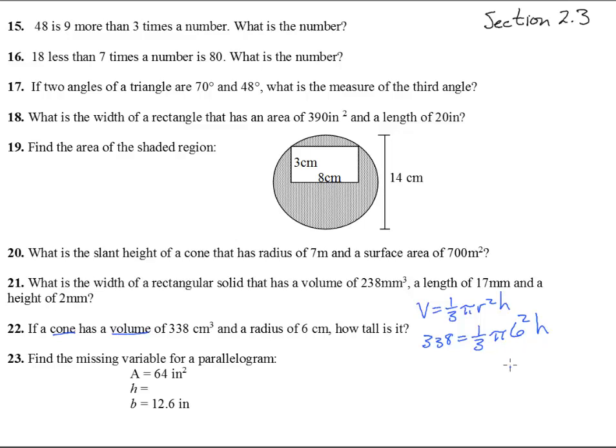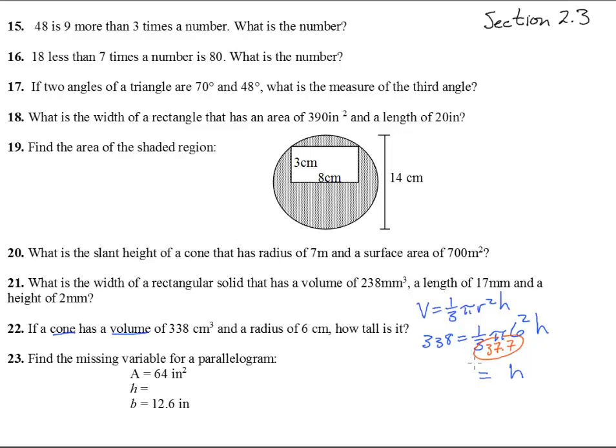Oh boy, let's do it. H is going to equal, let's find out what this number is. 1/3 times pi times 6 squared is about 37.7. Okay, that's what that number is.